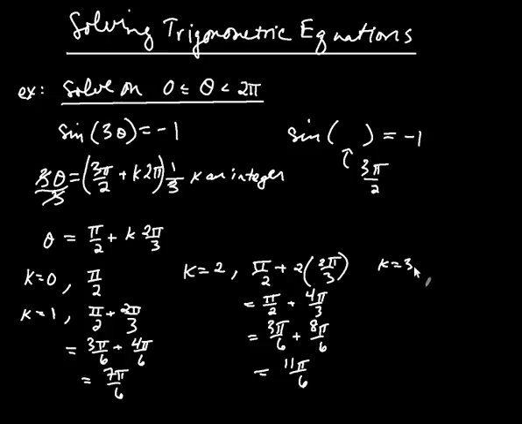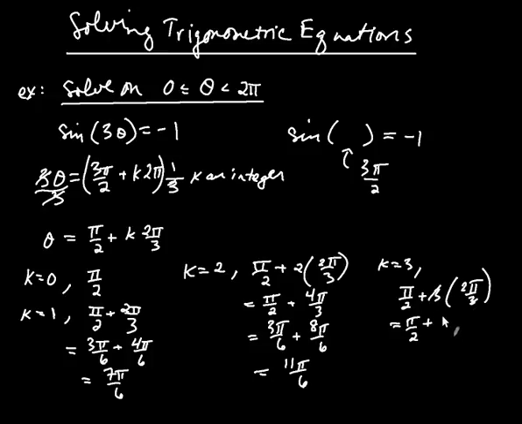for example, you get, well, it's going to be pi over 2 plus 3 times 2 pi over 3. And that's going to be pi over 2 plus, well, let's see, the 3's are going to cancel, right?